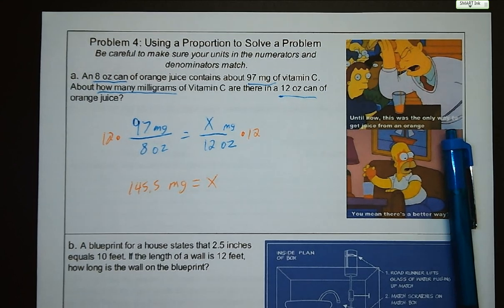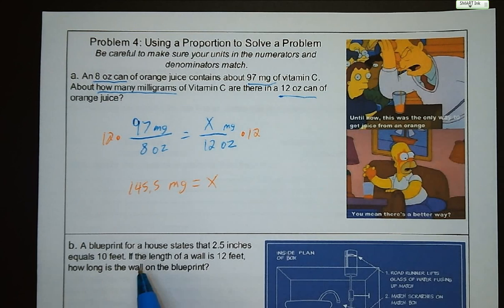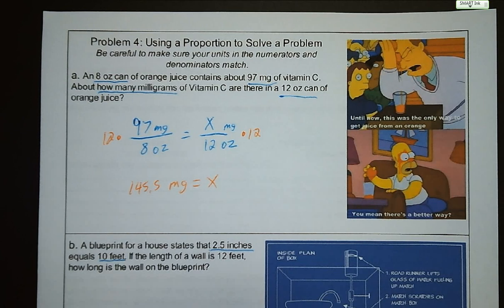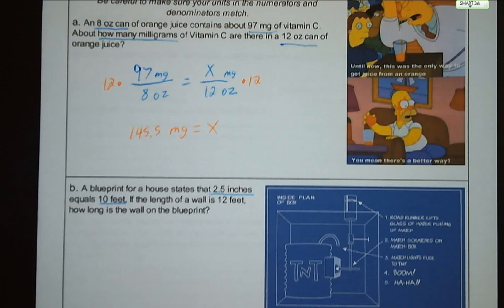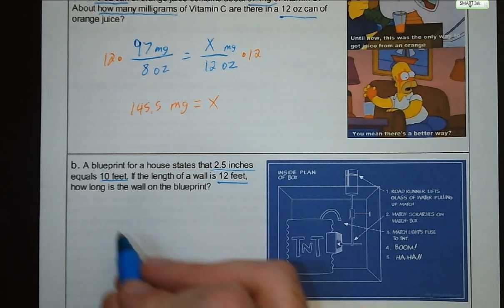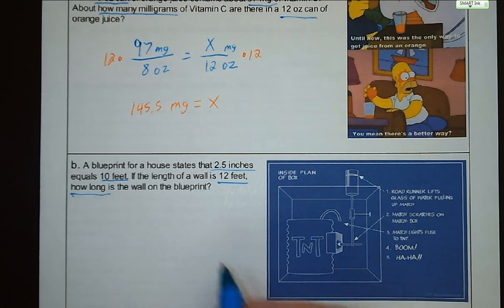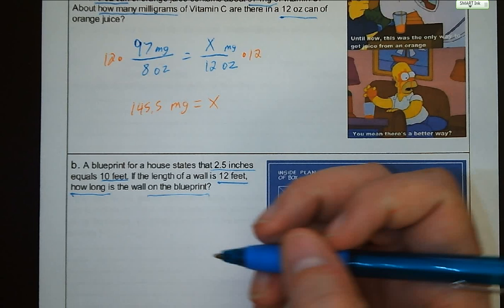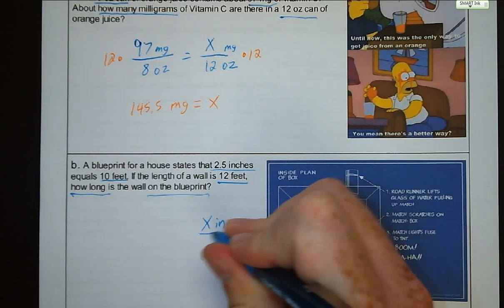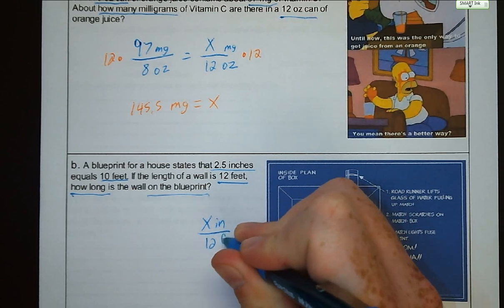All right, so letter B, we have the blueprint for a house states that 2.5 inches equals 10 feet. And we want to know if the length of a wall is 12 feet, how long is the wall on the blueprint? So we're going to start off with a ratio. Again, I want to know how many inches is a 12-foot wall.